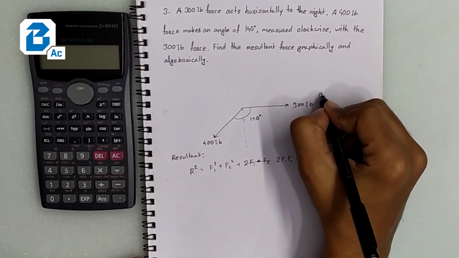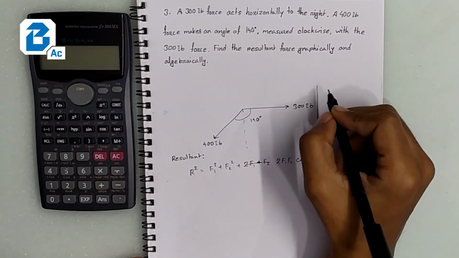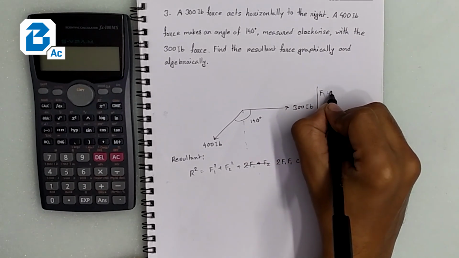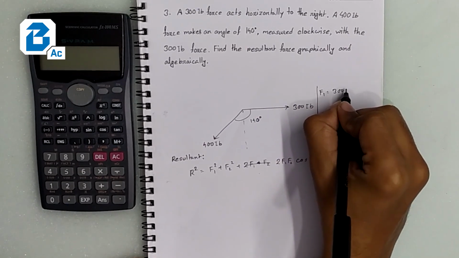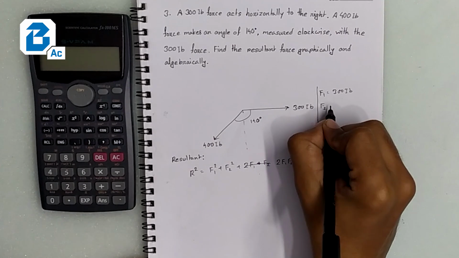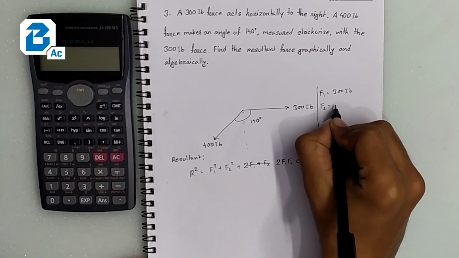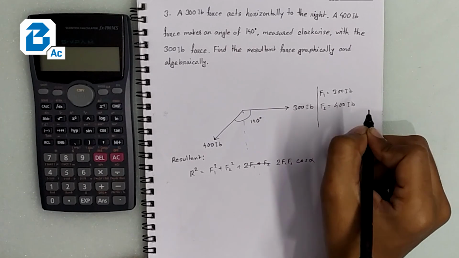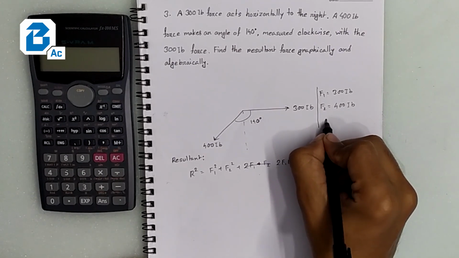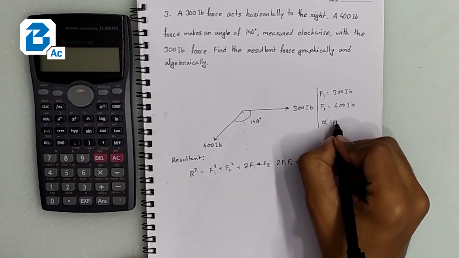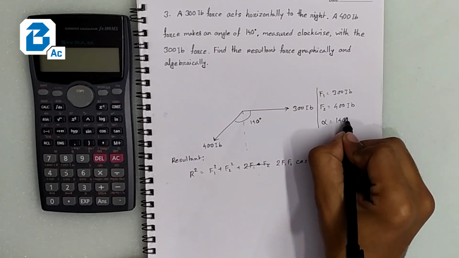So if we write here, F1 is equal to 300 pounds, and then F2 is equal to 400 pounds, and then we have the alpha. Alpha is equal to the angle between the two forces, and that will be 140 degrees.